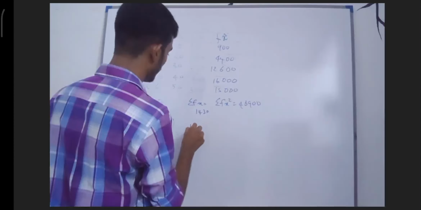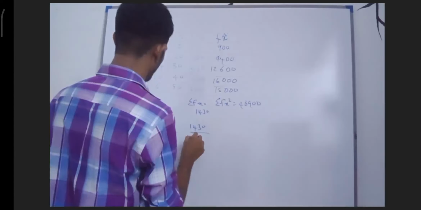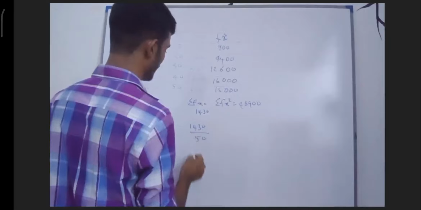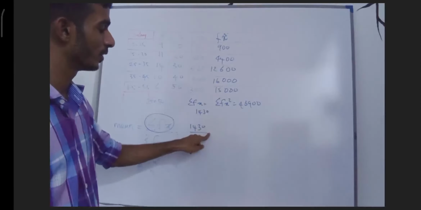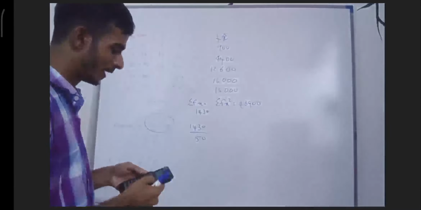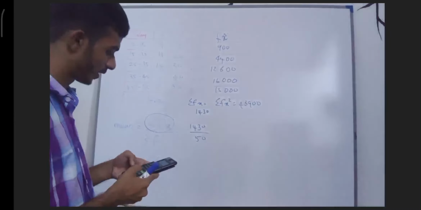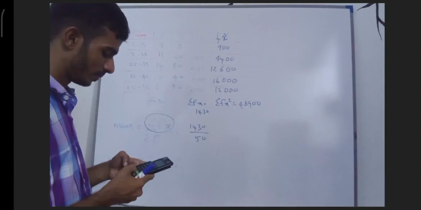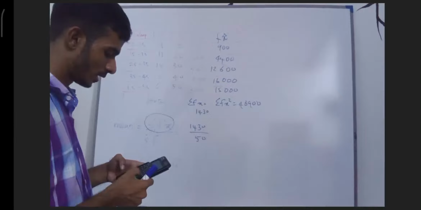So the mean is equal to 1430 divided by 50. It is easy: you just multiply both numerator and denominator by 2, and then you can move the decimal places by dividing by 100. But I will use the calculator. 1430 divided by 50 gives you 28.6.